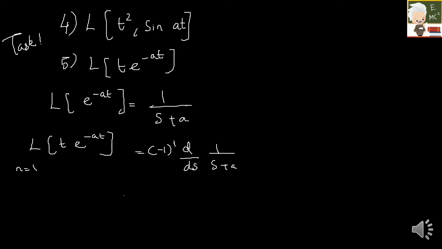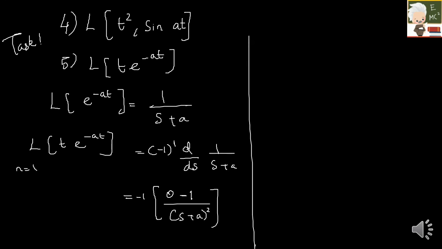So this would be minus 1 into 0 minus 1 divided by s plus a the whole square. So the Laplace transform of t into e raised to minus at is nothing but minus 1 into minus 1, it is plus 1 by s plus a the whole square.